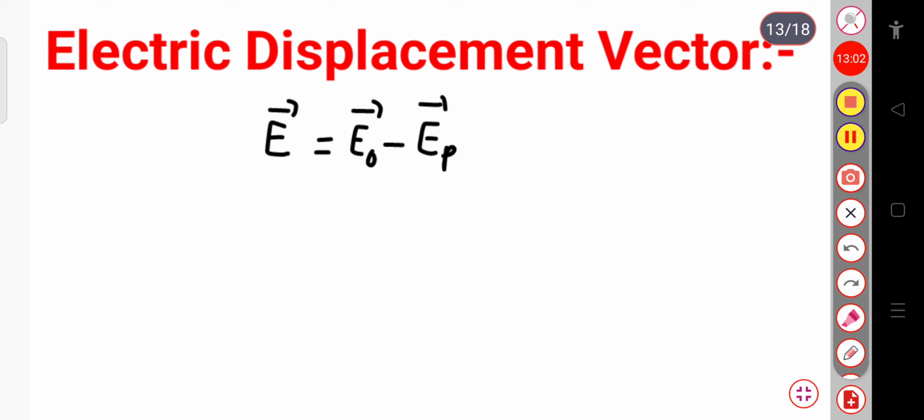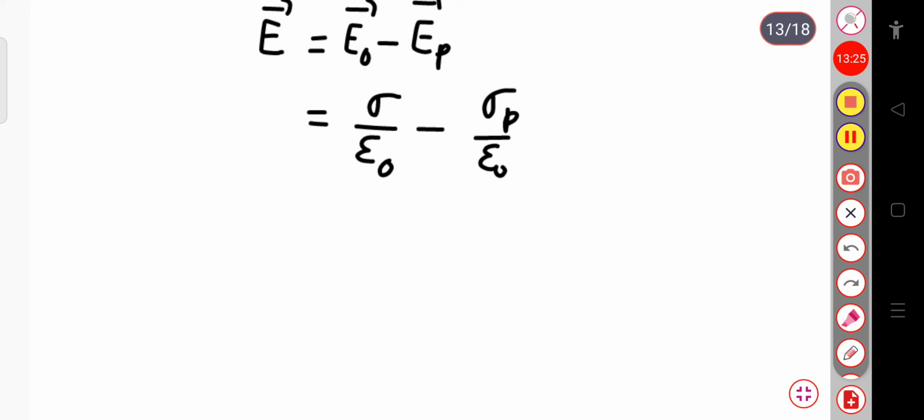Now also we can write E naught equals sigma divided by epsilon naught, where sigma is the surface charge density on the parallel plate capacitor, minus the induced surface charge density, sigma P divided by epsilon naught. Taking 1 by epsilon naught common, this equals sigma minus sigma P divided by epsilon naught.